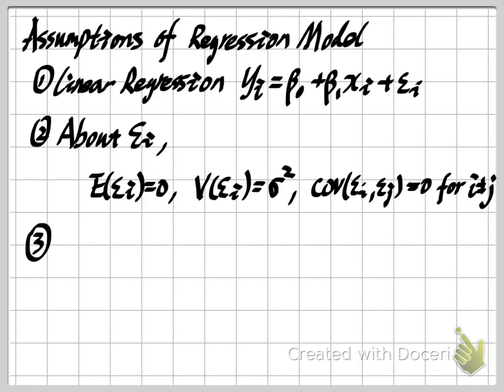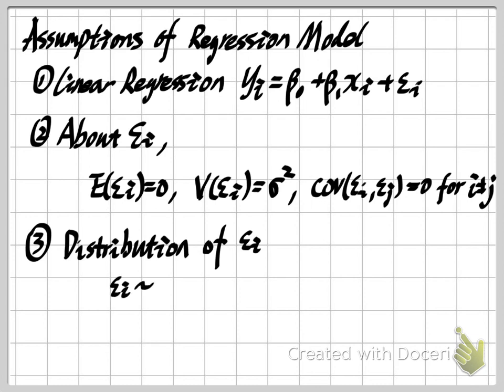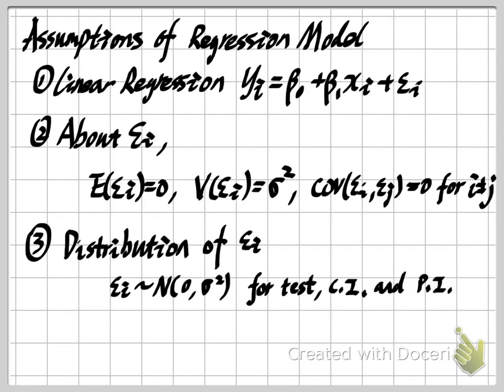Normally we assume it follows a normal distribution. Because in the previous assumption we already said this error term has mean 0 and a constant variance, we can write this as a normal distribution with mean 0 and variance sigma square. These are the three assumptions we normally have when we do a linear regression model.